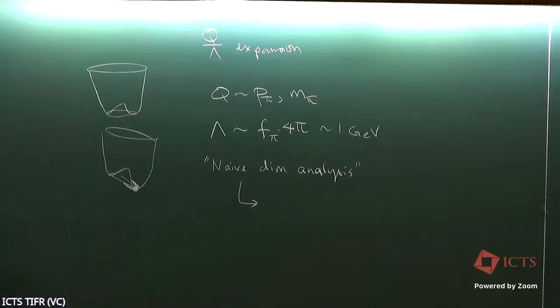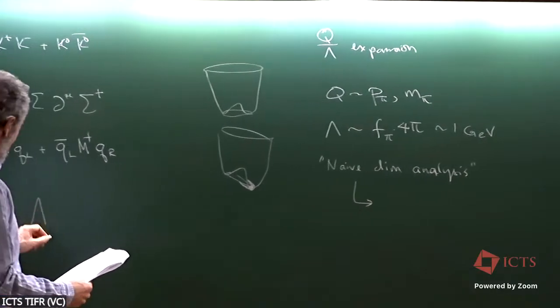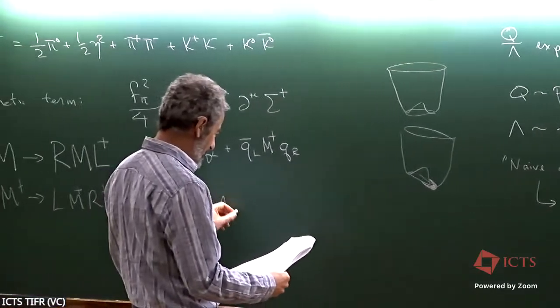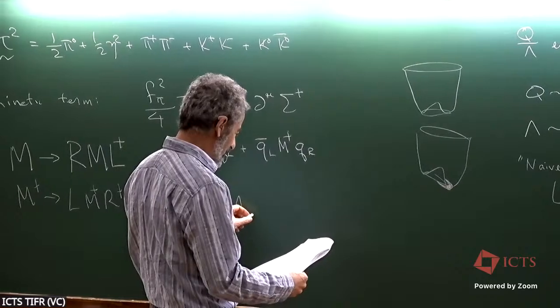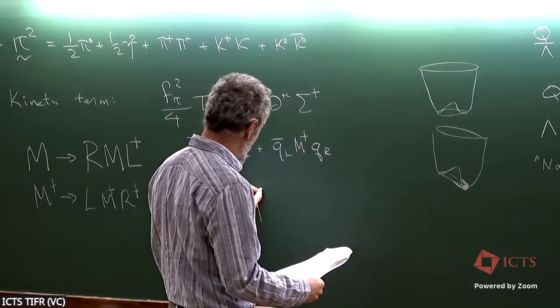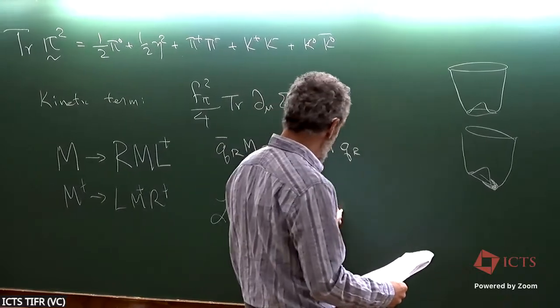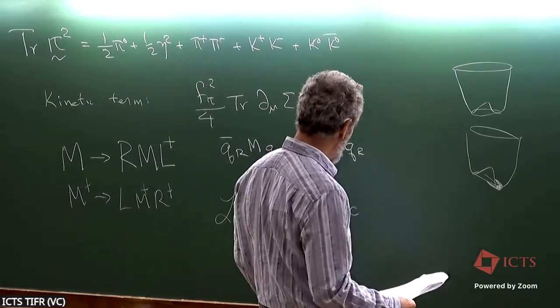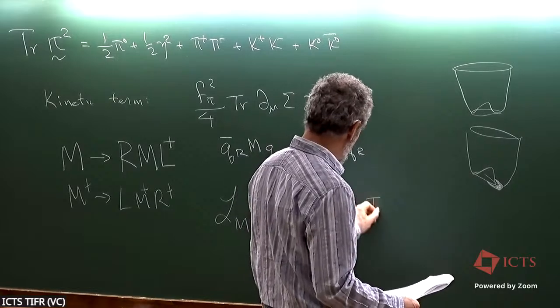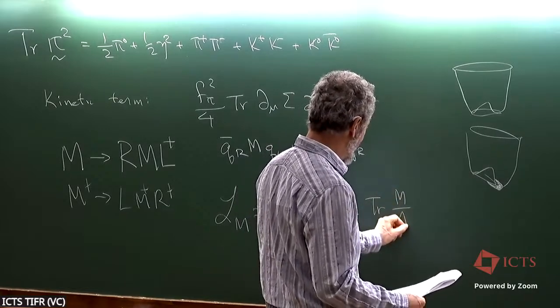So the question is, how do we include such an M in the chiral Lagrangian? And we can do it by writing L_M, and I'm going to write it this way: lambda squared F squared times some number that we don't know times trace M over lambda sigma.